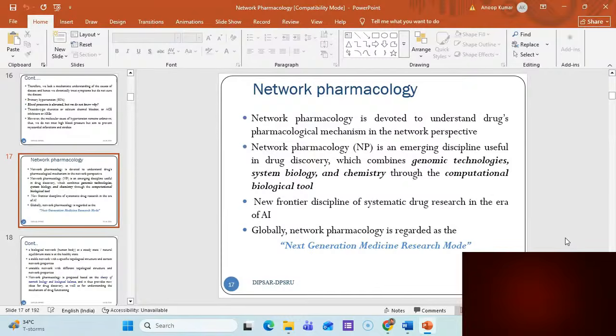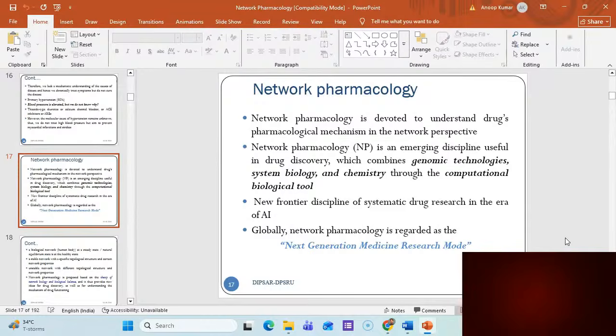So now I hope every one of you gets a sense of what network pharmacology is. Because the word pharmacology is attached, we talk about the drugs, and how drugs can interact with multiple targets. When a drug interacts with multiple targets, there are two possibilities.